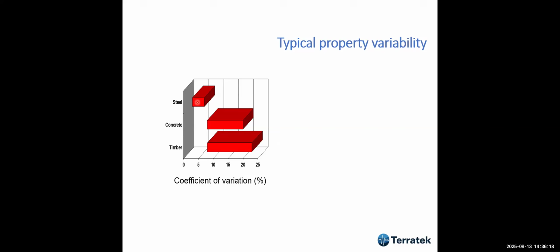The properties are well controlled in a factory. Concrete varies more because in most cases it's cast in place, and you don't have all the controls that a factory has. But timber, which is a natural material, it's much higher. It's nearly 25% of strength.